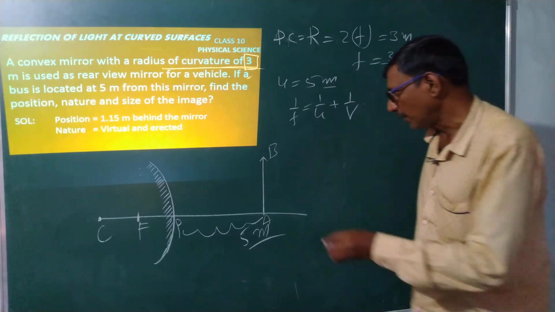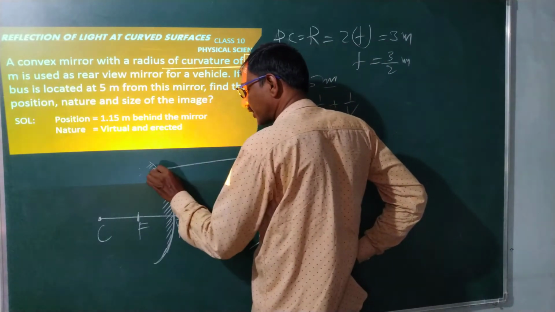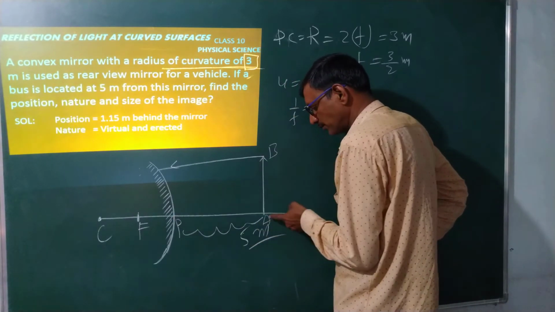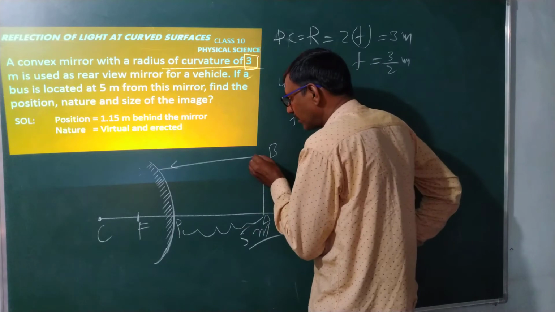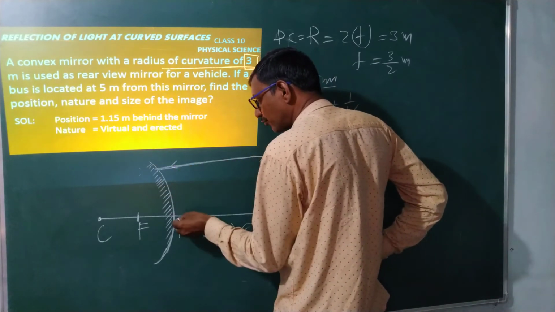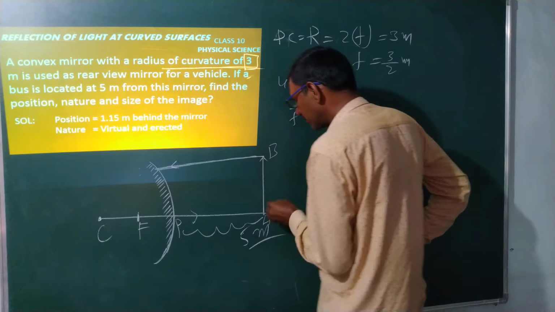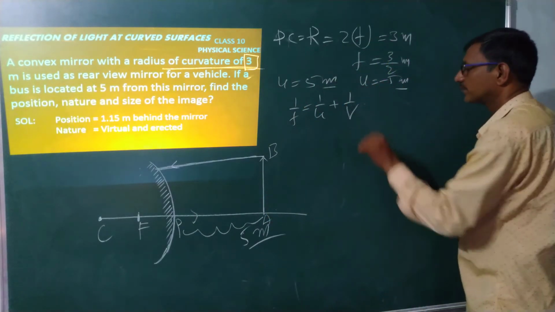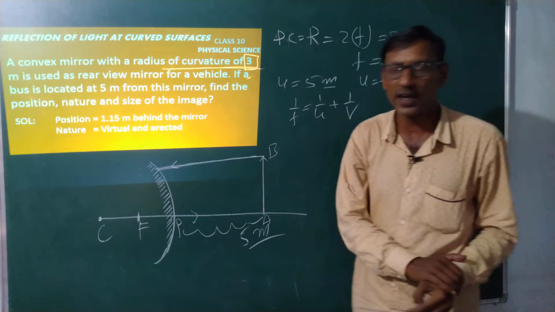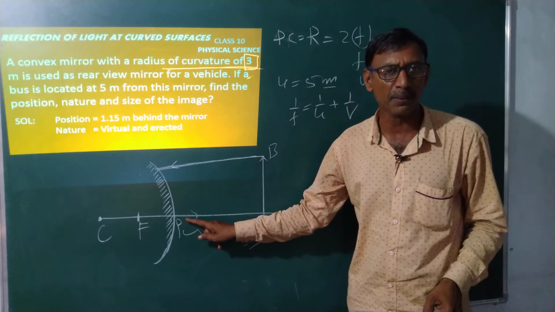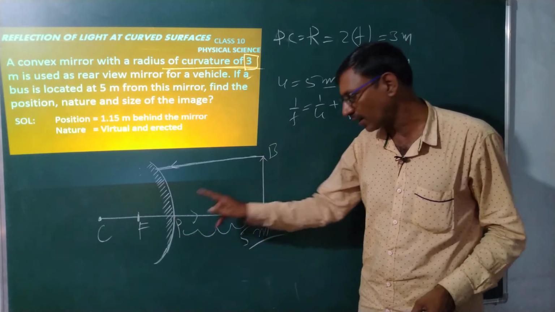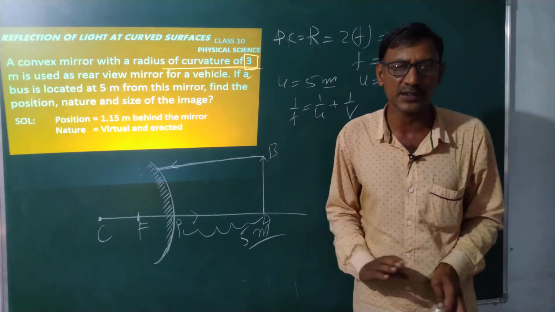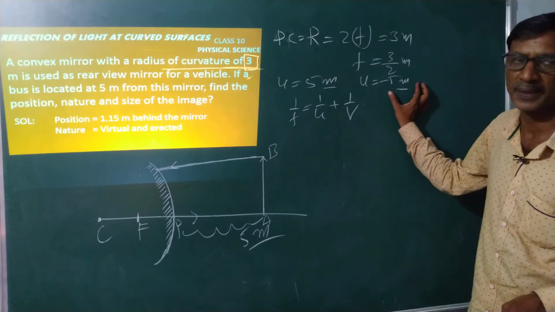Now, my incident ray is in this direction, and I measure the object distance from the pole to the object. The incident ray is going in this direction, we are measuring in the opposite direction, therefore my U equals minus 5 meters. This is called sign convention. I told you clearly, all distances should be measured from the pole. That's the reason I started from here and came to this side. But my incident ray is in the opposite direction. That's the reason I got U equals minus 5.